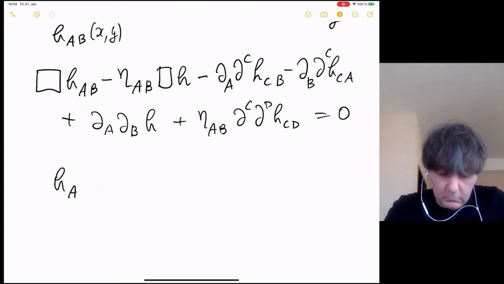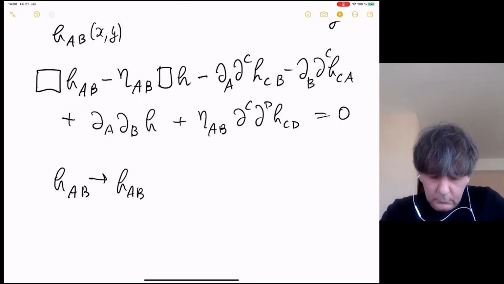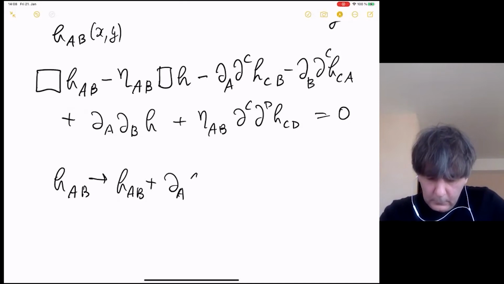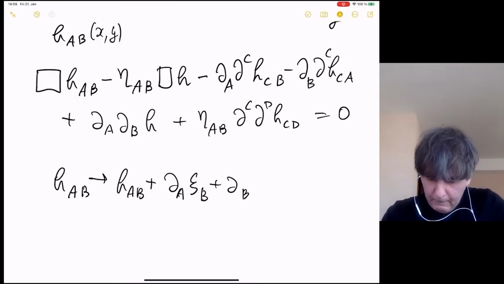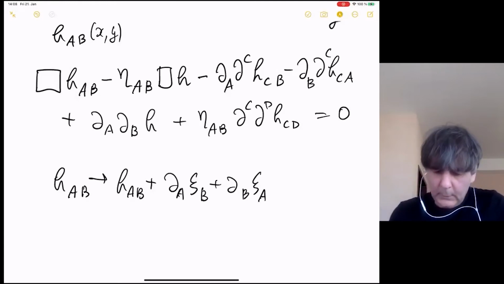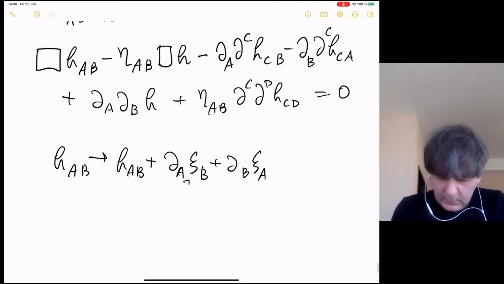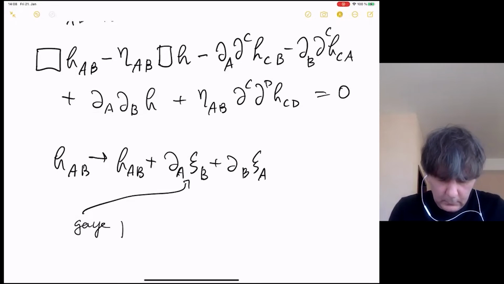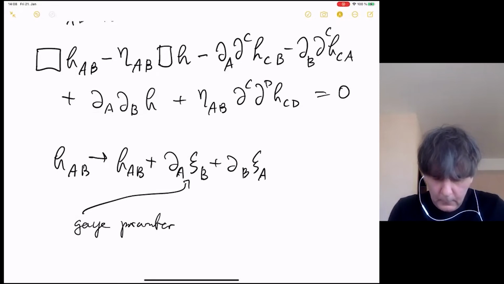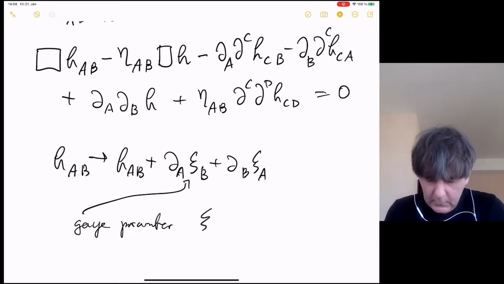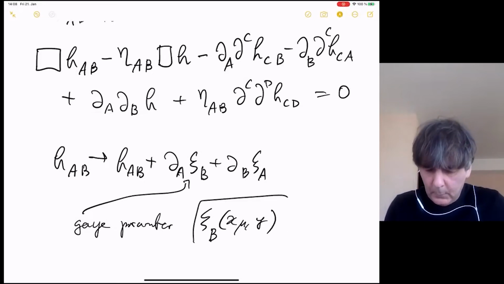There is a gauge redundancy in the theory, obviously, with respect to a gauge parameter, which is a 5-dimensional vector which depends on coordinates x mu and y.